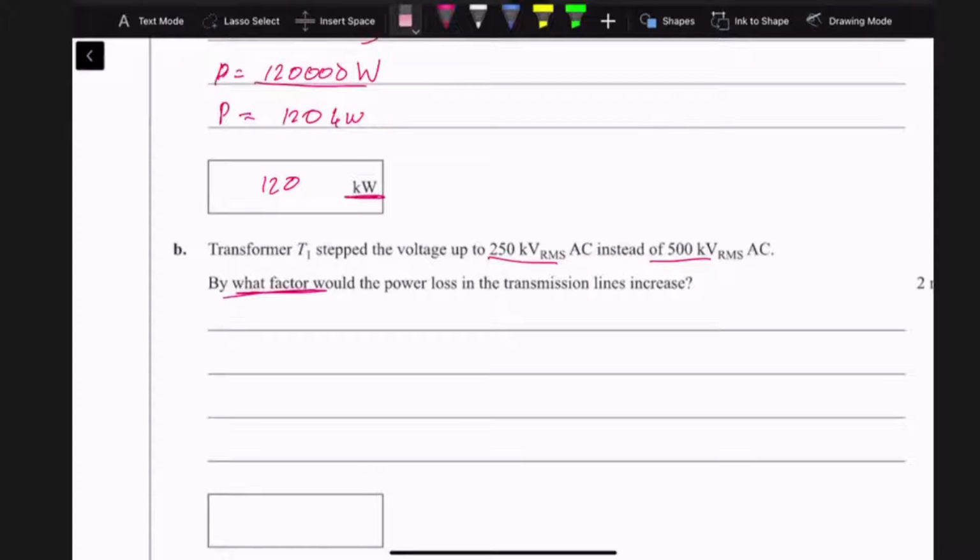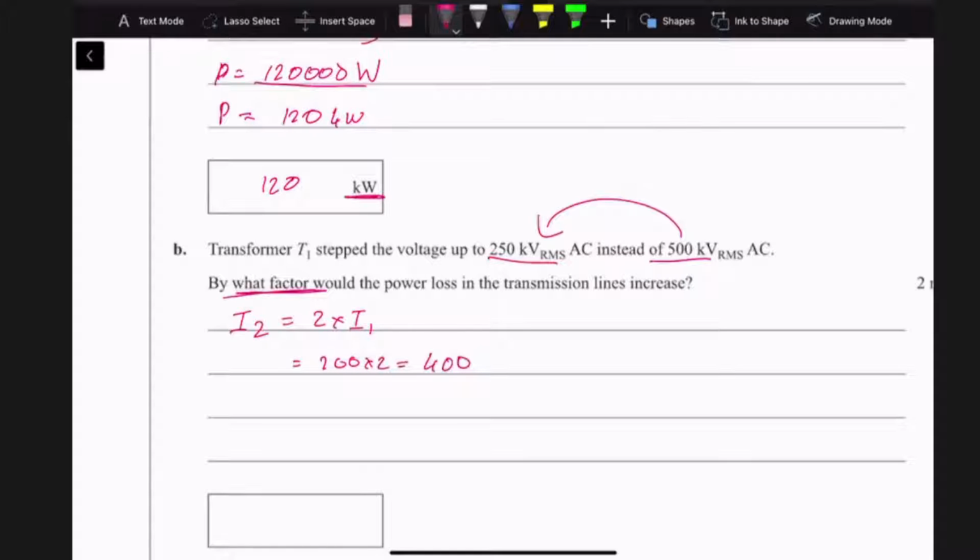So in this question, they're going to decrease the voltage by 2, which means the current would be increased by 2, because whatever happens to the voltage, the opposite thing happens to the current. So our original current was 200. So I2 is going to be 2 times our original current, which is 400.